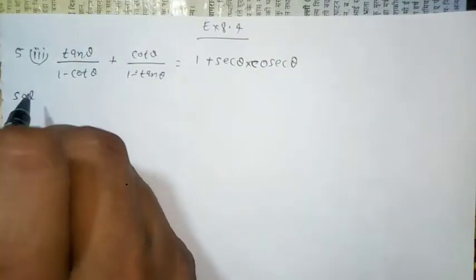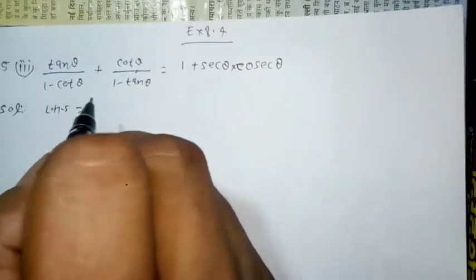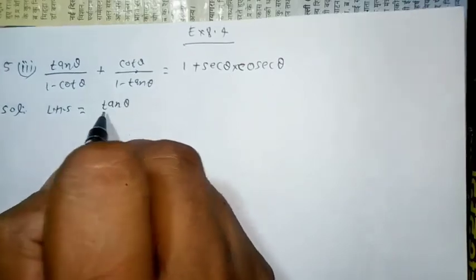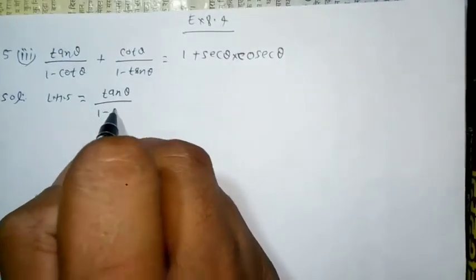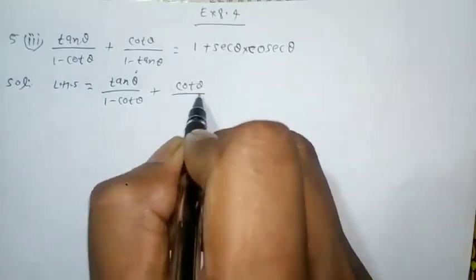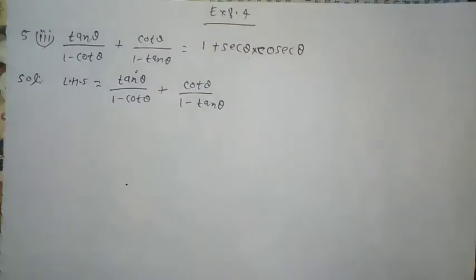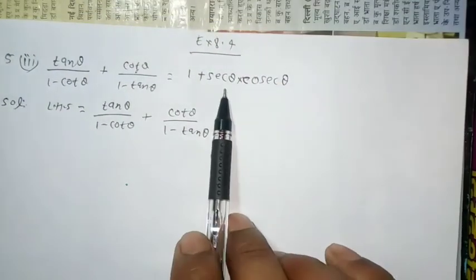Solution: LHS is equal to tan theta by 1 minus cot theta plus cot theta by 1 minus tan theta. From this we get sec theta into cosec theta.